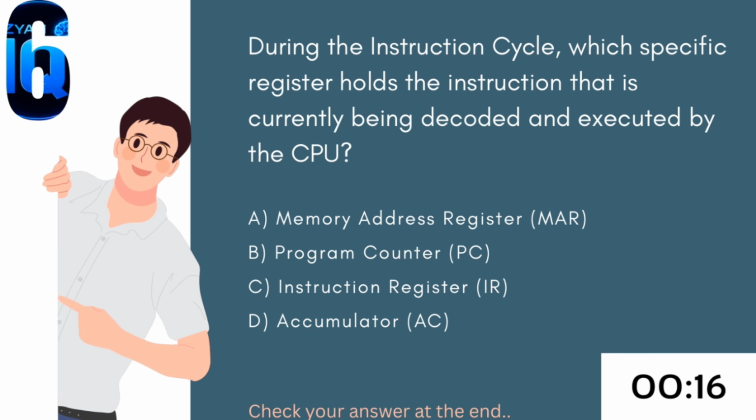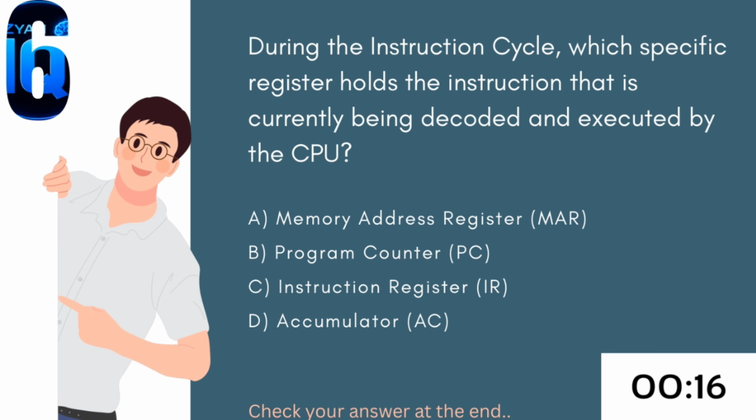Then there's the Instruction Register, or IR, and this is the crucial one for today's question. The IR holds the actual instruction that is currently being decoded and executed by the CPU. Finally, the accumulator, or AC, is used for arithmetic operations and temporarily storing data during processing.